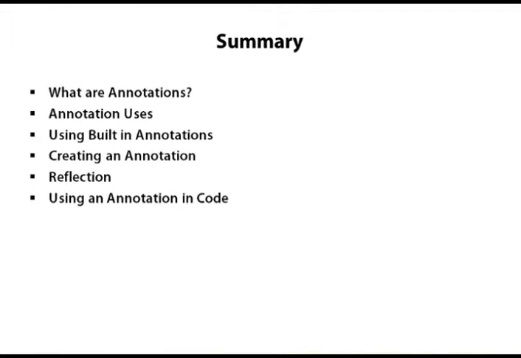So let's go over what we covered in this module. The first thing that we did is we talked about annotations. We learned that an annotation is basically just some data about your code, and that it doesn't affect your code directly, but indirectly you can affect your code through the use of examining annotations. Then we talked about some of the uses of annotations.